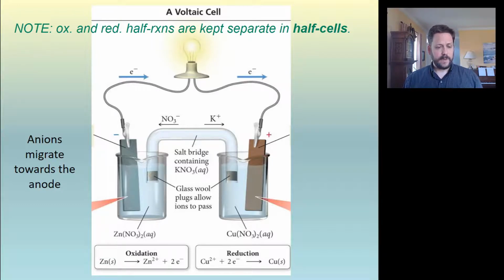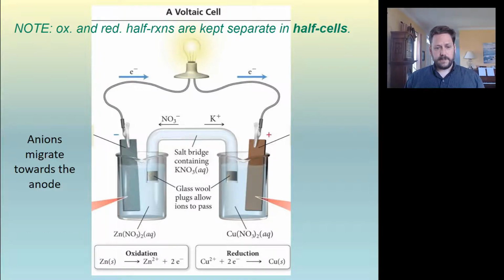Notice at the anode where oxidation is taking place, all those zinc atoms are being oxidized to zinc 2+ and going into solution. Well, that will cause a positive charge to accumulate in the solution, and that's why those nitrate anions are going to migrate through the salt bridge and through that bit of glass wool and neutralize the zinc cations.